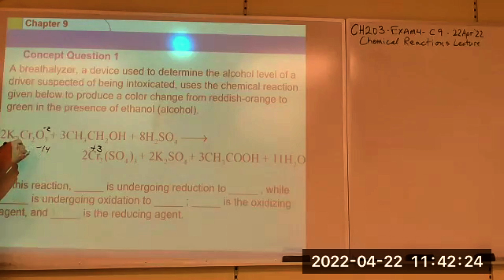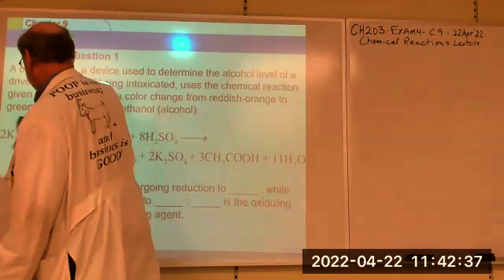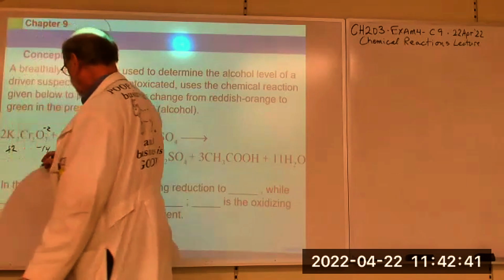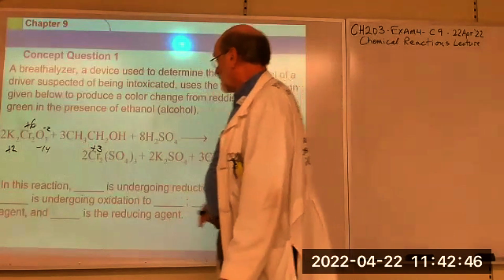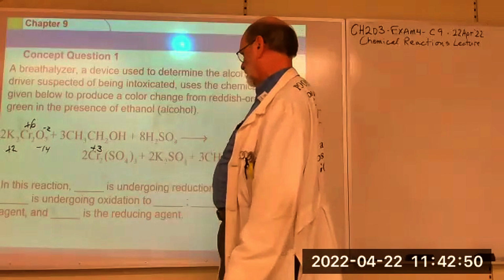This would be +7, right? Oh, no. I left out potassium. This is +2. So that'd be +6. There we go. So the chromium is going from +6 to +3. So it's being reduced.